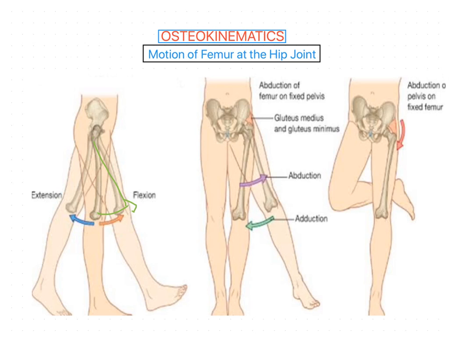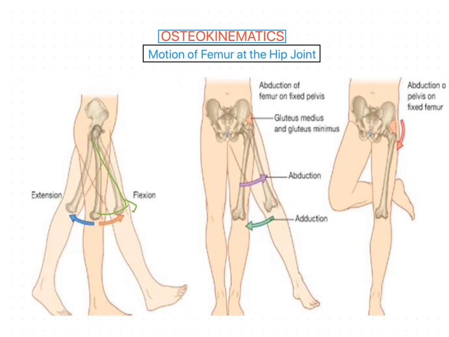The range of motion available at the hip joint can be commonly interpreted through the movement of the femur, and this can be best visualized in this way.